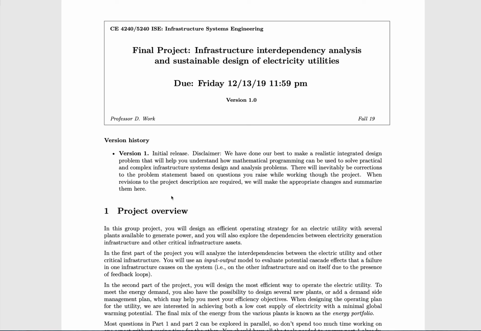So think of the project description as more of a roadmap of things to try and to explore. And depending on the interaction we have in class and where things get headed, we might need to revise things. We have done our best to make sure that there are no mathematical problems in the project, where if you plug something in, you won't get a solution, or a matrix isn't invertible, or things like that. So we have checked pretty carefully to avoid those types of errors.